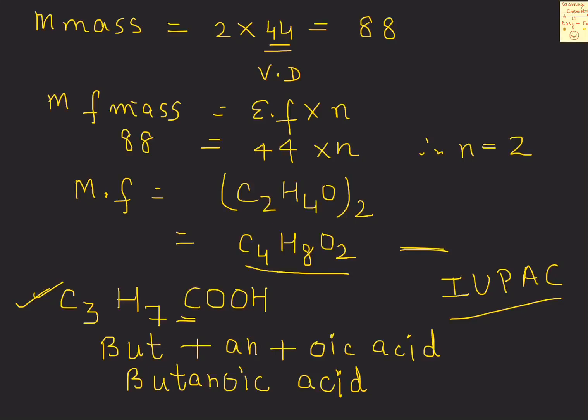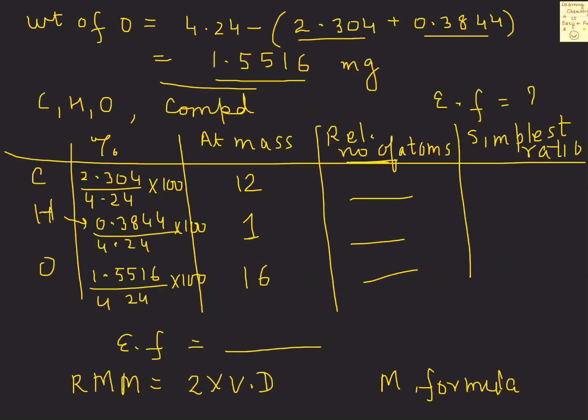Let's go back to the first method that we did for this question, finding out the percentage and then determining the molecular mass. So you see over here, this also should give you the same formula that we have calculated just now, that is butanoic acid, because this is the same question.